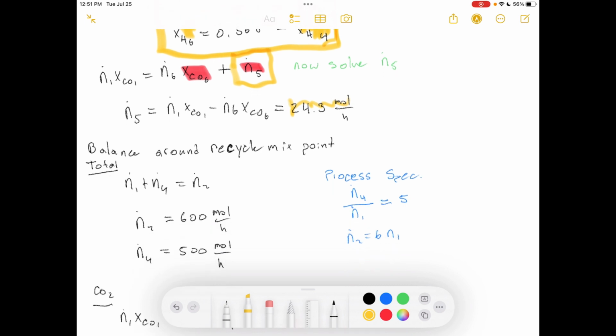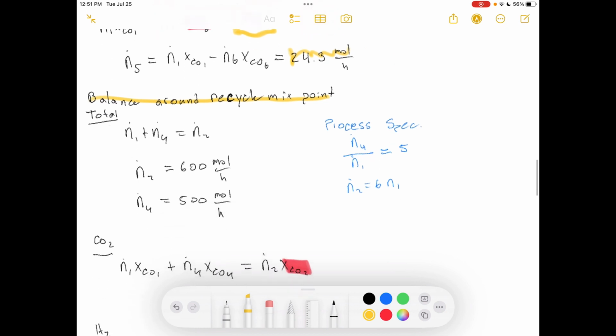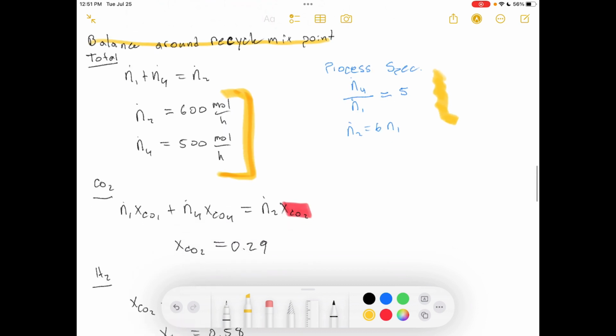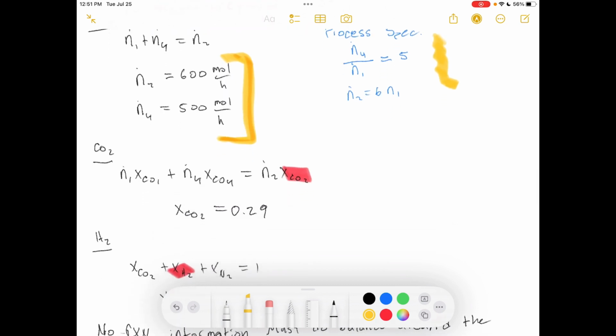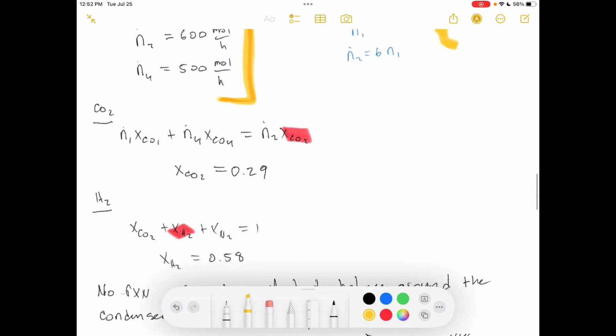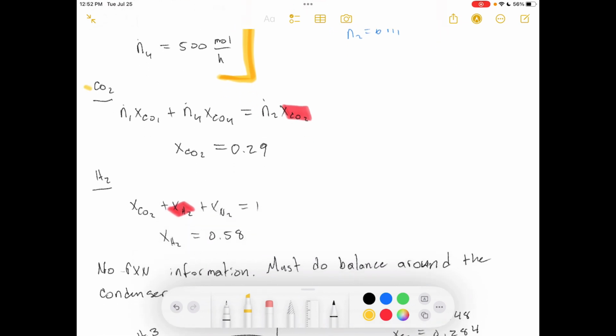So now we go back to our balance around the recycle mix point, and we'll do our total balance. Let me finish writing these out because I don't think I wrote them out before. I had some of the process specs written down, but I didn't actually write down the values here. Okay, we got our process specs written down, N2 and N4. Then we do our balance with carbon monoxide.